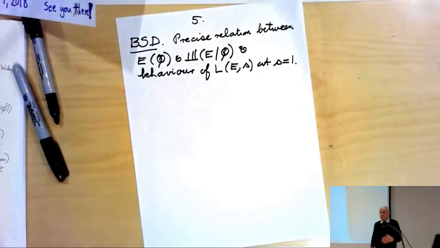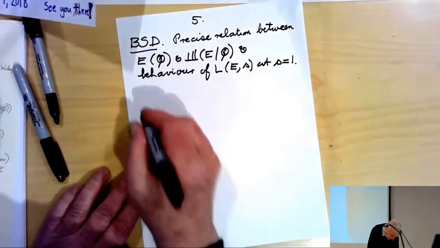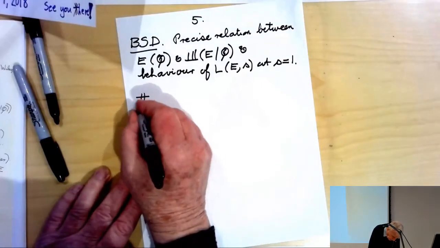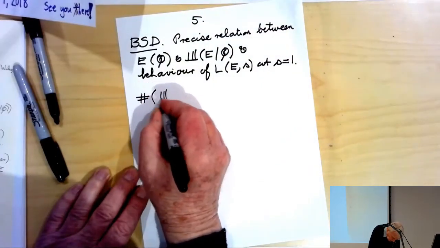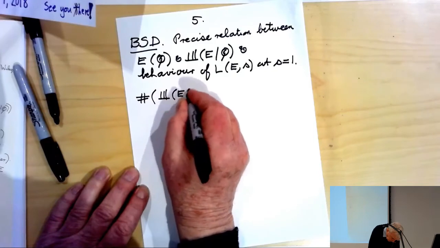And in particular, the remark I want to make is that it includes an exact formula for the order of Sha of E over Q.